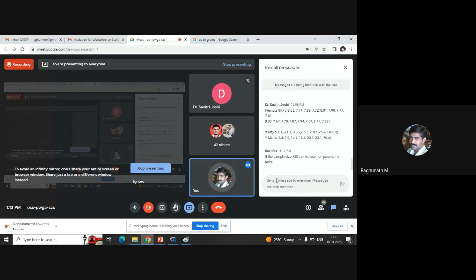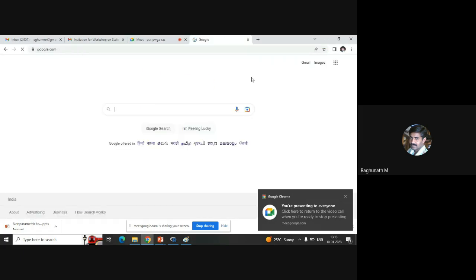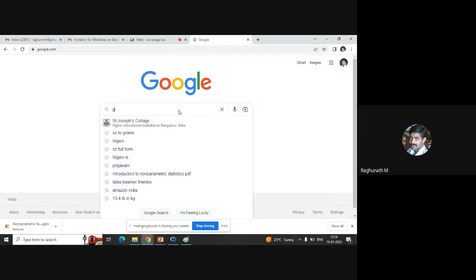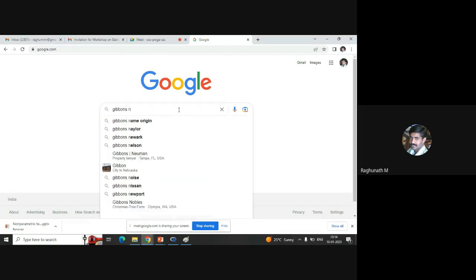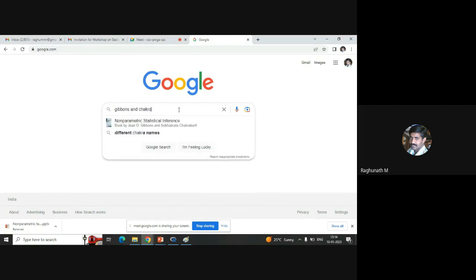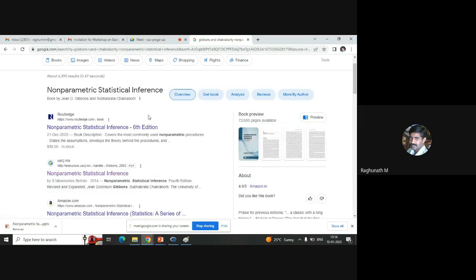So for further reading, since we are already getting late, yesterday many people asked me about a good book. I'm sharing my screen. All of you can go through this one. There is a book by Gibbons and Chakraborty, Non-Parametric Statistical Inference.